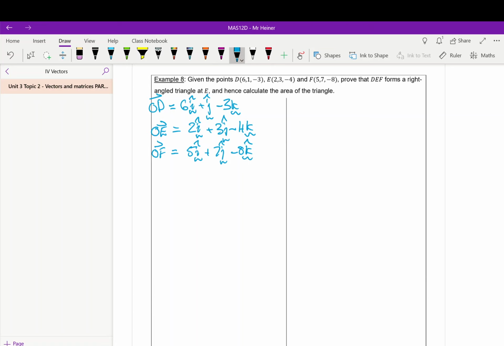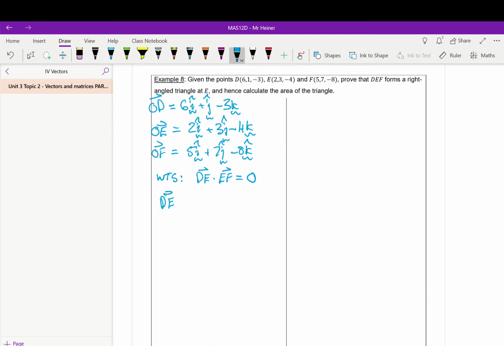Well, what we're wanting to find is that the triangle has a right angle at E. So what we want to show is that DE dot EF is equal to 0. So let's first get these two vectors.